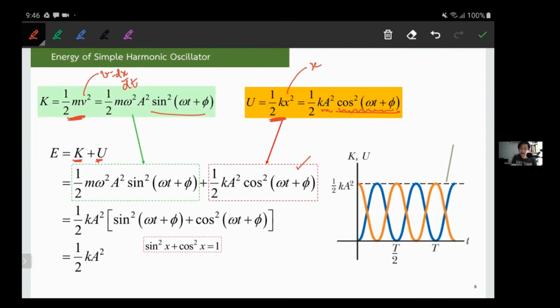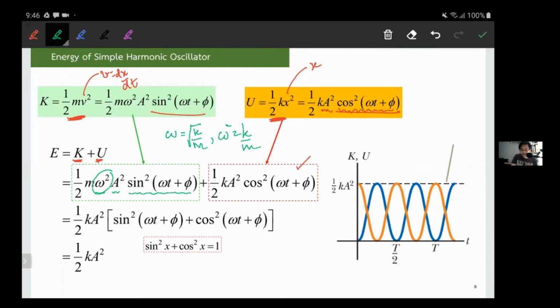And then I grab the expression for the velocity and plug it in, omega a sine omega t plus phi, squared. But now, remember that omega is the square root of k over m. So the omega squared that I see in the front right here is just k over m.